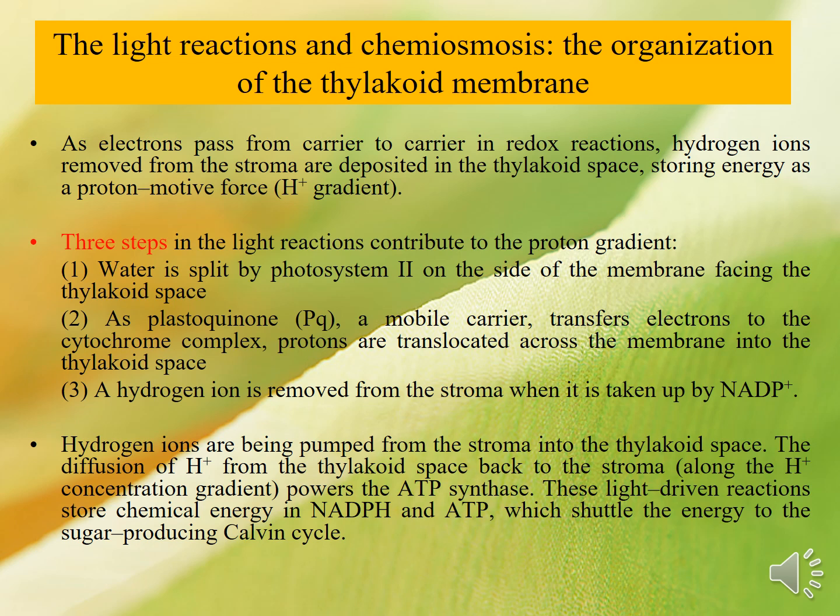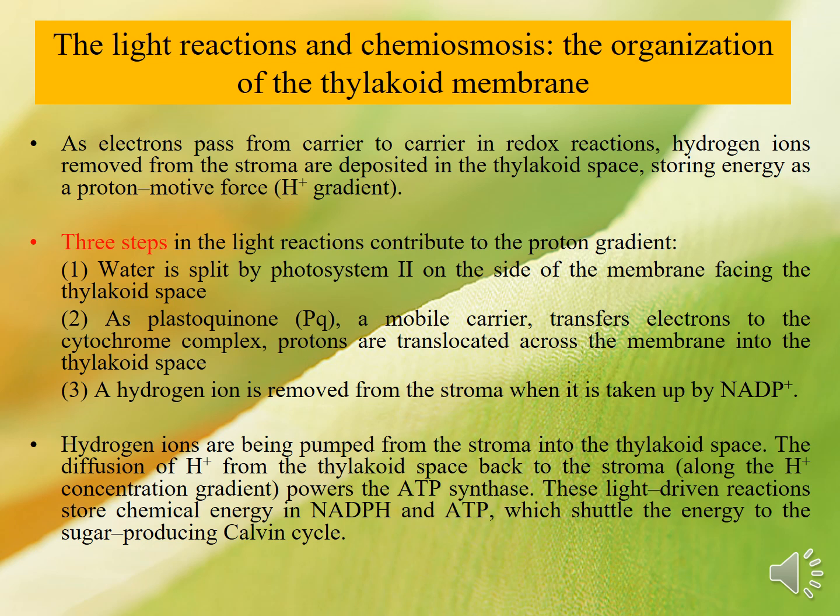Number 2 is when the electron passes from the PQ to the cytochrome complex. The hydrogen will be pumped, and after this we have the illustration, from the stroma, across the membrane into the thylakoid space.